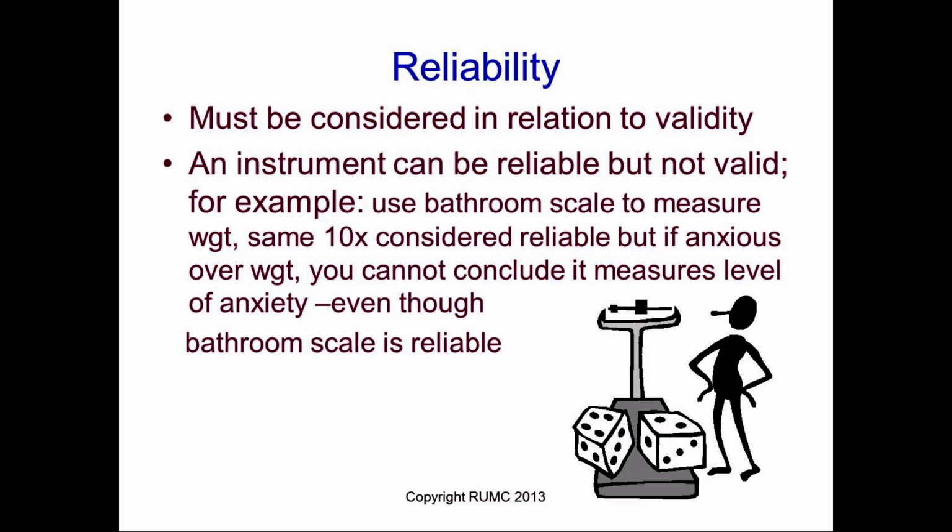But if you're anxious over weight, you cannot conclude that the scale is going to measure anxiety, even though it reliably measures weight. So you can have something that's reliable that measures the same thing over and over, but if it's not measuring the concept you think it's measuring, then it is not valid. That's why when you talk about an instrument, you talk about having both reliability and validity.